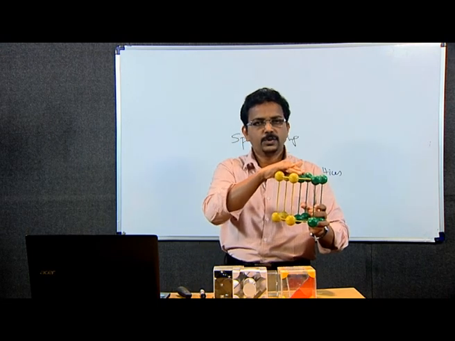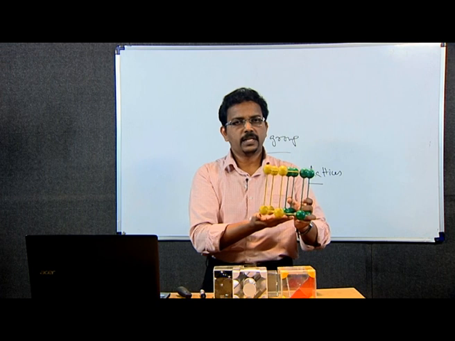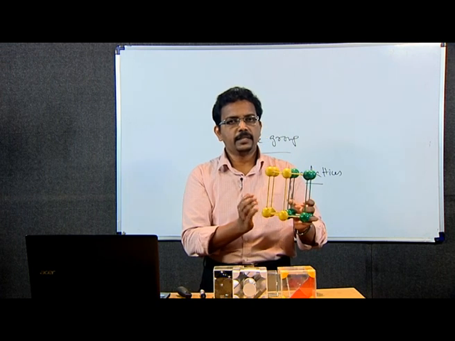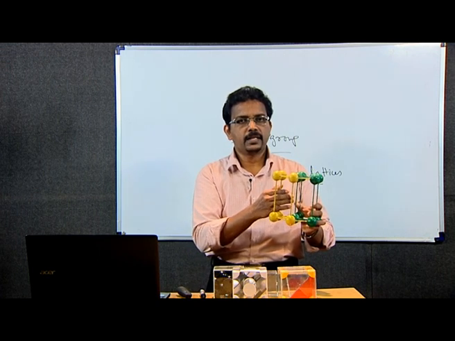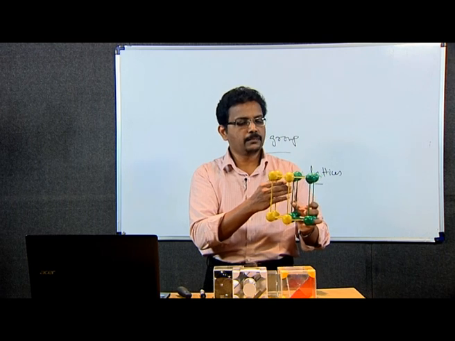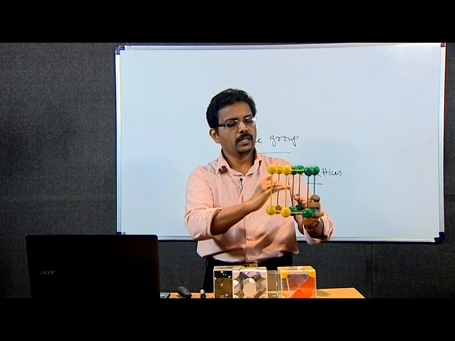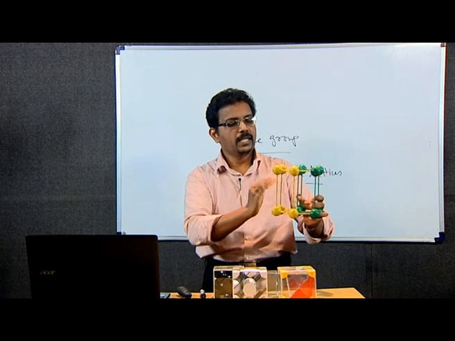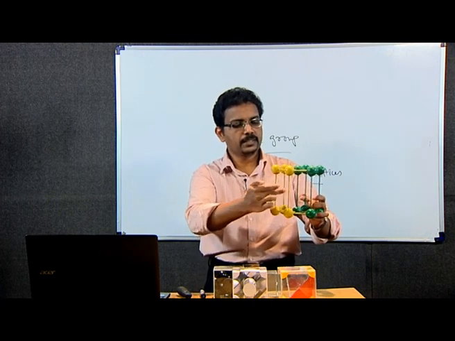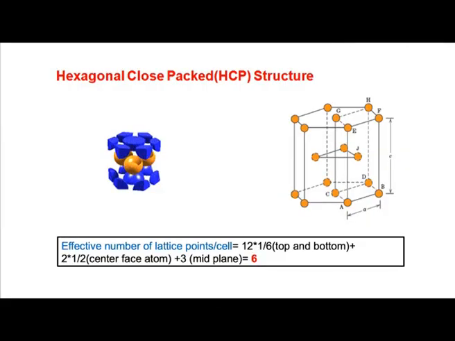So, that is 2 into half, that is 1, and then the 3 mid plane atoms in this structure. Here it is not shown, but in real cases it is also there, like this attachment. So, in total, 12 into 1/6 plus 2 into half plus 3 is 6.